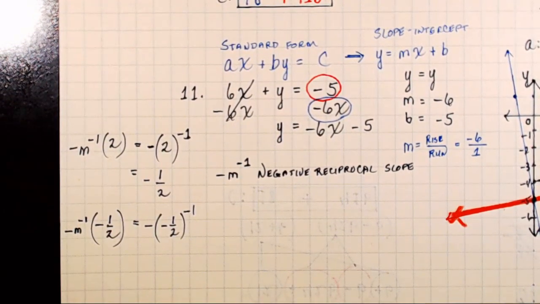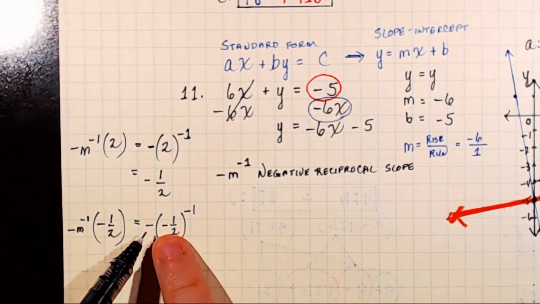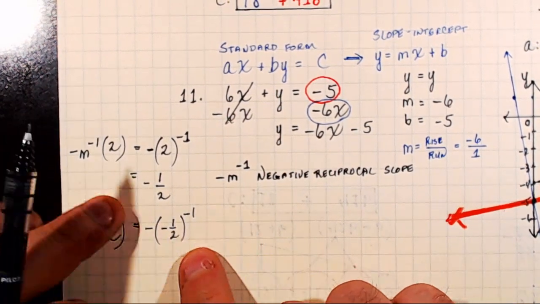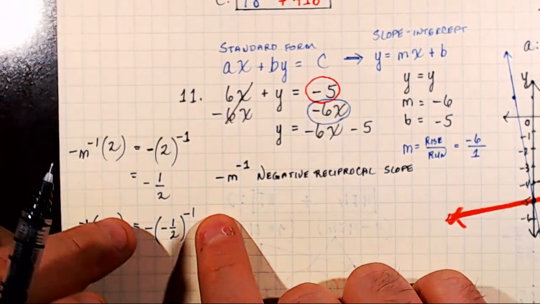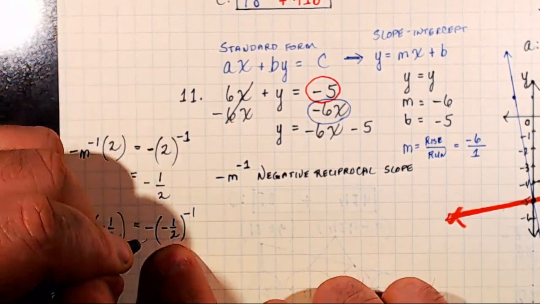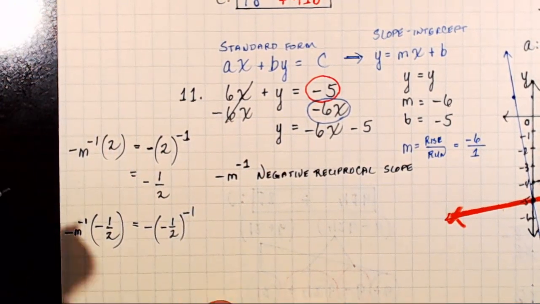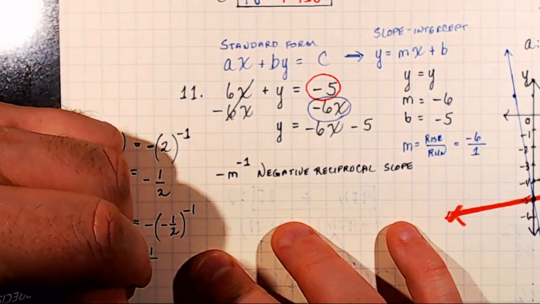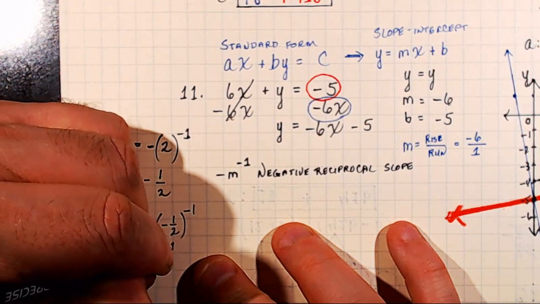Looks complicated, but let me pay attention to a couple things here. I got a negative times a negative, so it's probably going to end up being a positive number, but first I have to deal with the parentheses. So I have negative times a negative, so that's a positive. So I have now 1 over 2 raised to the negative 1.